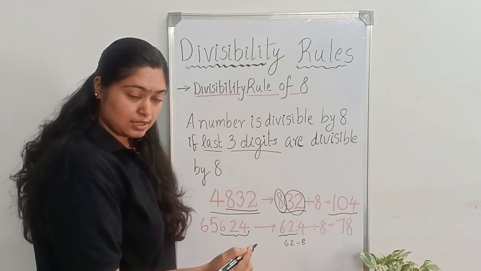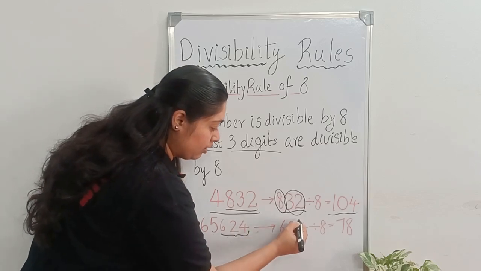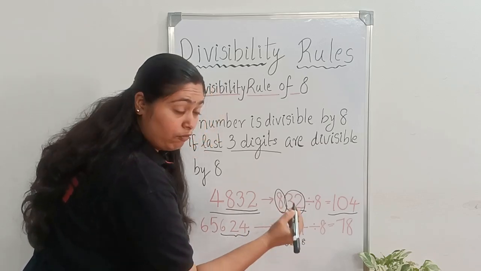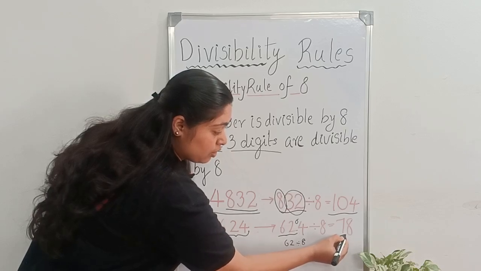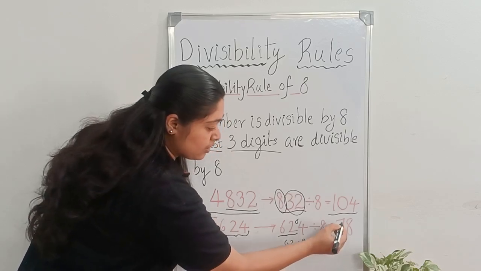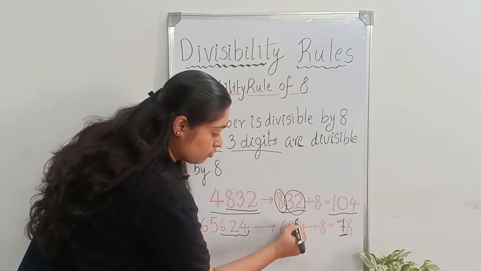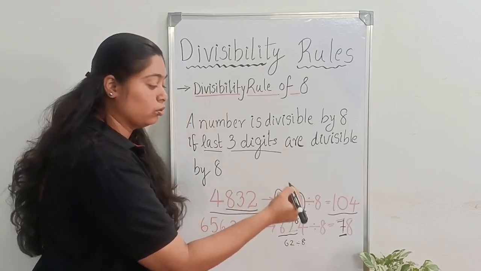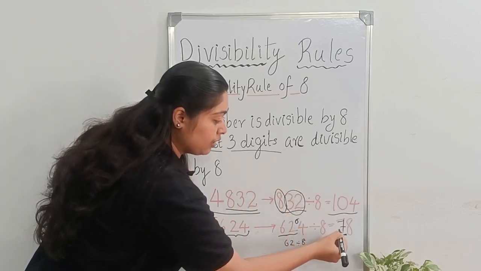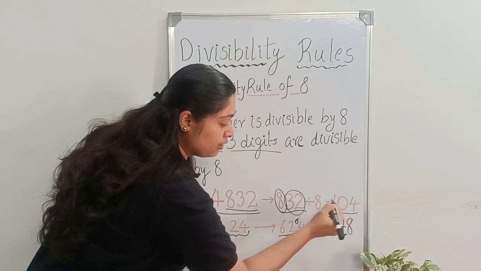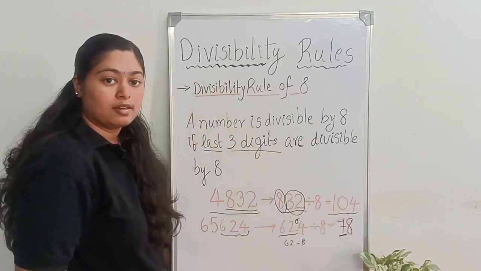You'll get an extra 6. Don't forget to write the 7 first because we are already taking 7 eights. So let's write 7 first, and the remainder 6 is added with this 4 to read it as 64. 64 divided by 8, perfectly divisible. So the answer is 78.